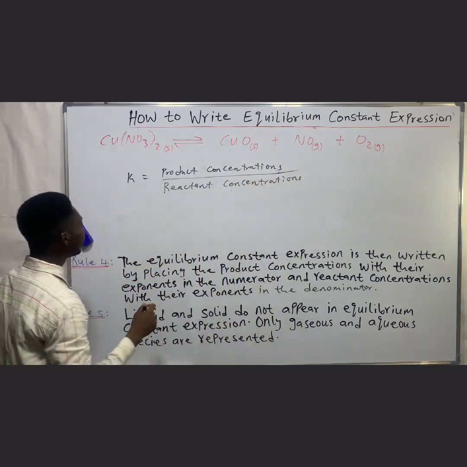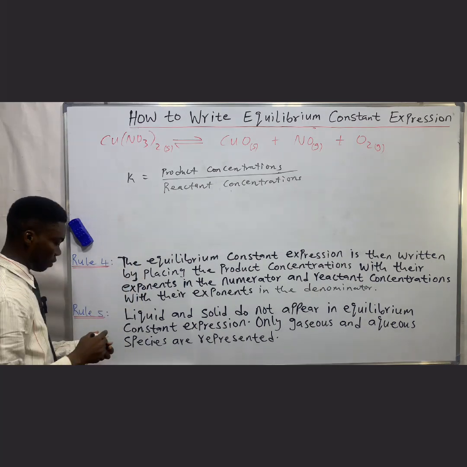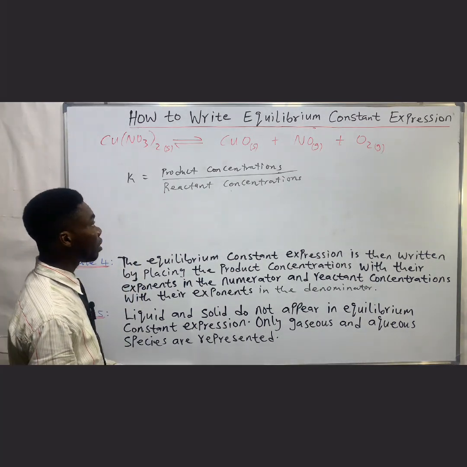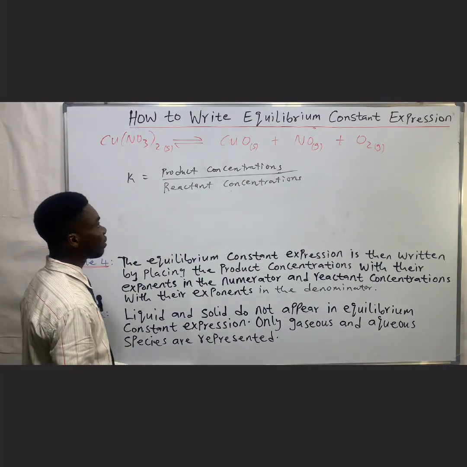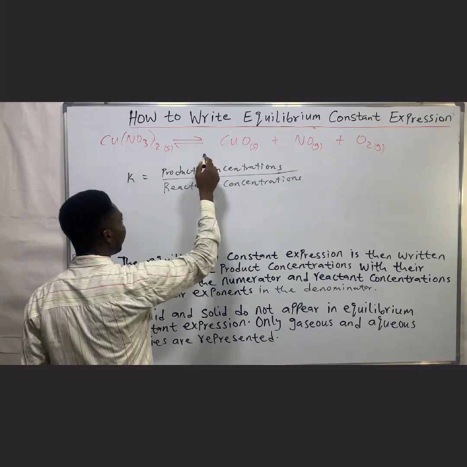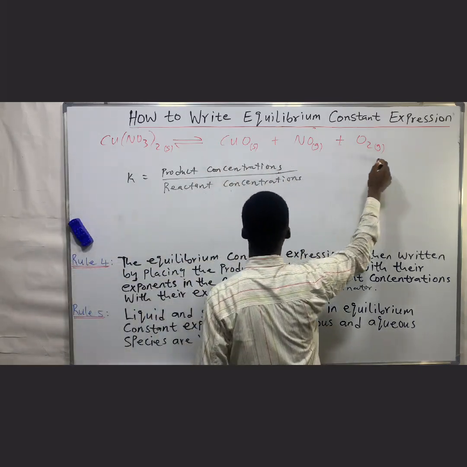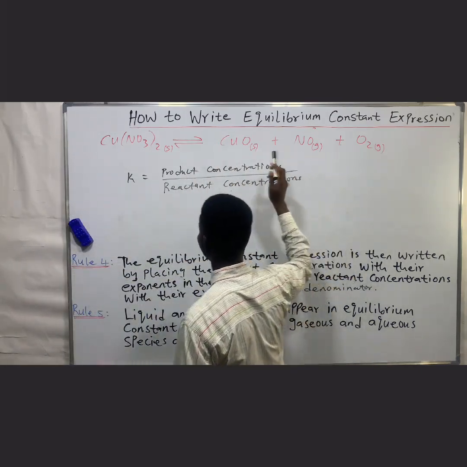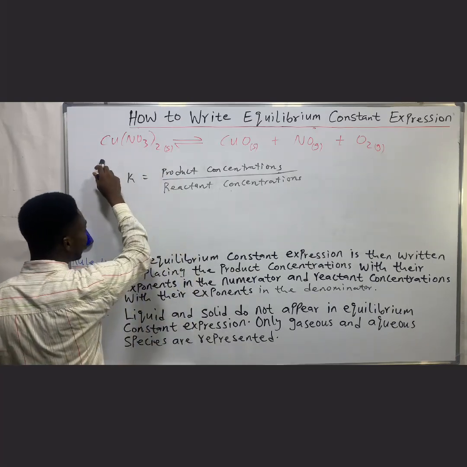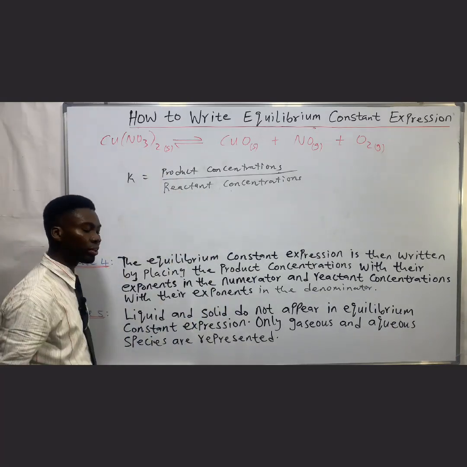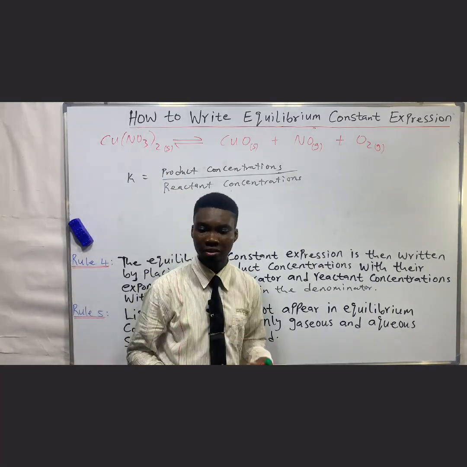This is the formula for the equilibrium constant, right? But before you do this, I shouldn't start putting the product concentration here and the reactant concentration there. That shouldn't be the first thing to do.